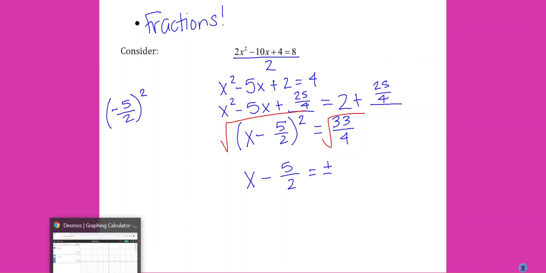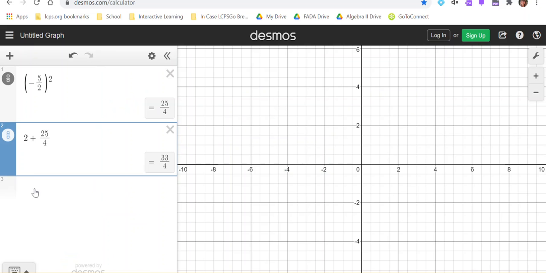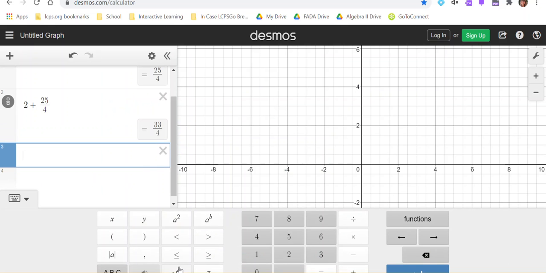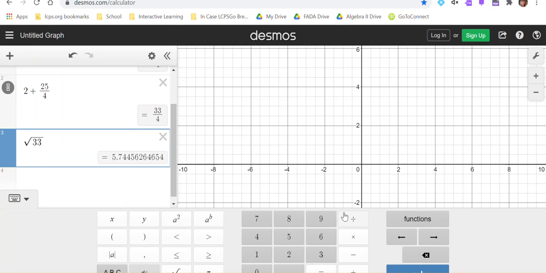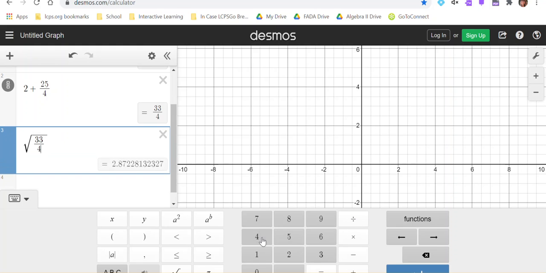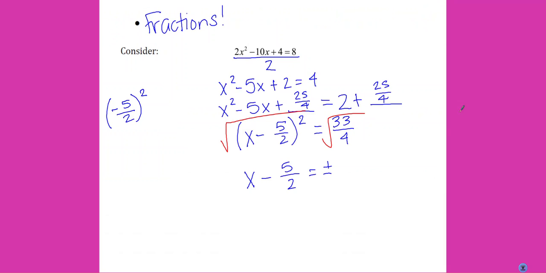Now let's see what happens when we pipe that into Desmos. Square root of 33 over 4. It gives us this big long decimal, and it does not give us an option to change it to a fraction because it's an irrational number. The way to square root a fraction, square root the top and square root the bottom.